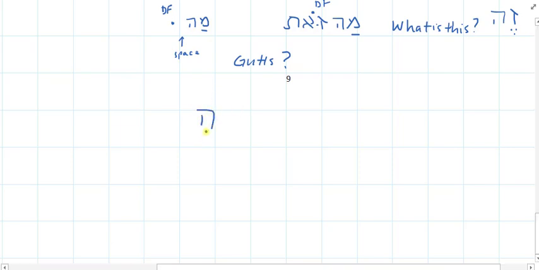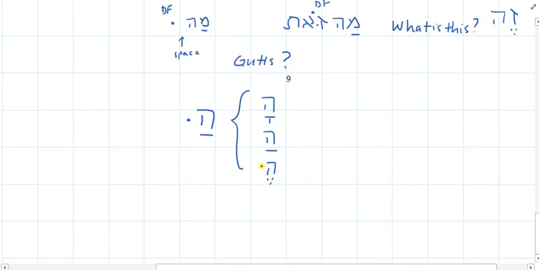So remember how ha is normally pointed this way, but my alternate forms are to do ha with the compensatorily lengthened long A with no dagesh forte, or I could do ha with no dagesh forte but a short A, and this was the guttural was virtually doubled or implied doubling, or I could see hey with no dagesh forte, right? So these were my alternate forms of ha.